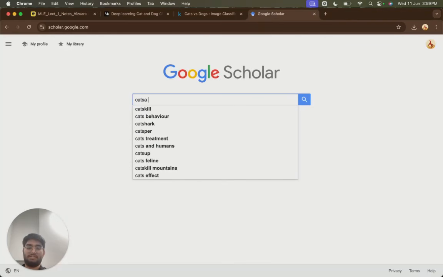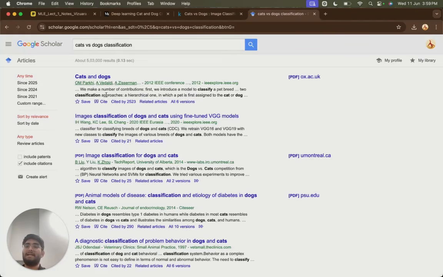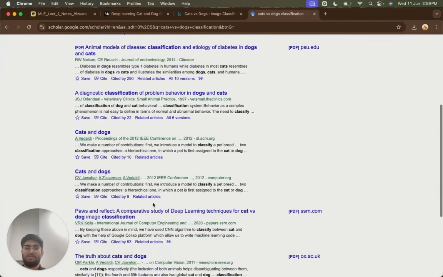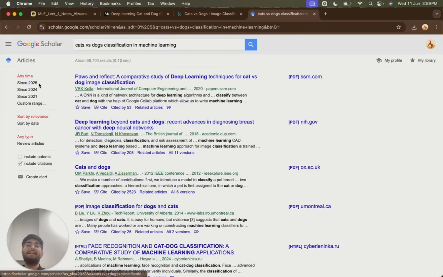Let's search for cats versus dogs classification. I get a lot of papers over here. I'll try to search in machine learning. Then I'll try for the recent ones, the cutting edge.